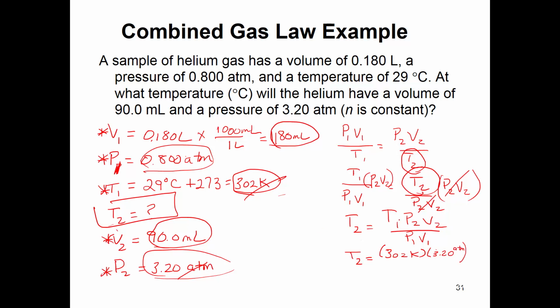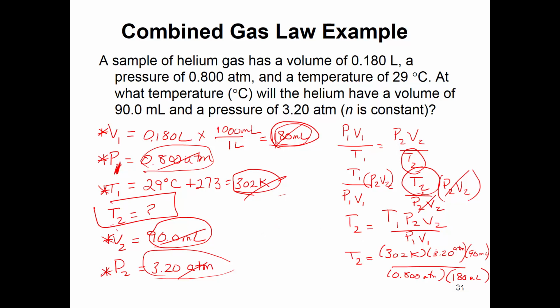And then for V2, I've got 108. Oh, nope. See, that's why I'm checking myself. V2 is 90 milliliters. And then I'm going to divide by P1, which is 0.8 atmospheres, times V1, which is 180 milliliters.